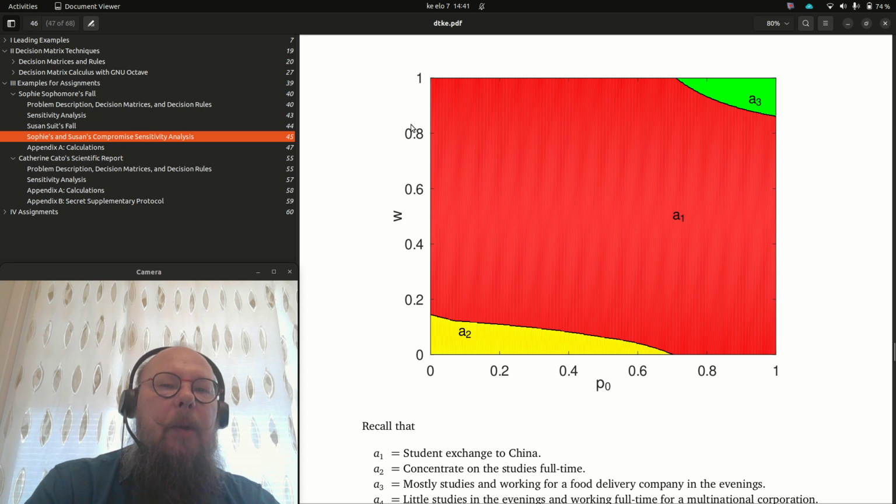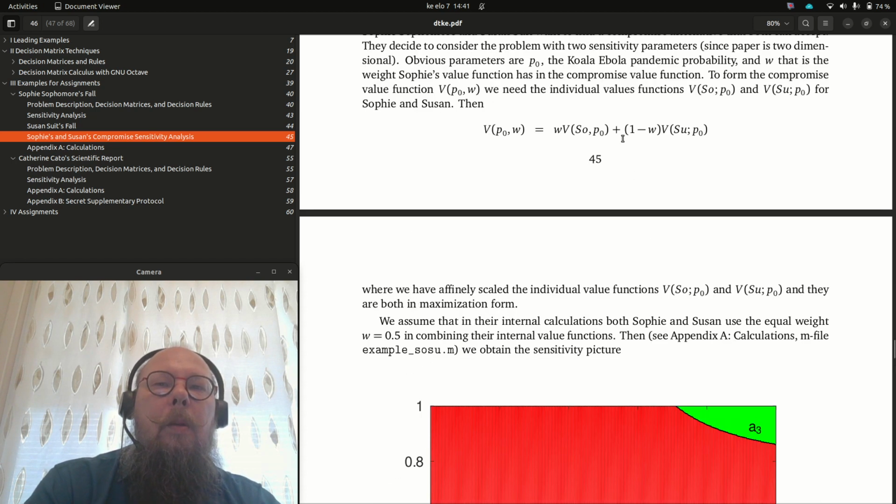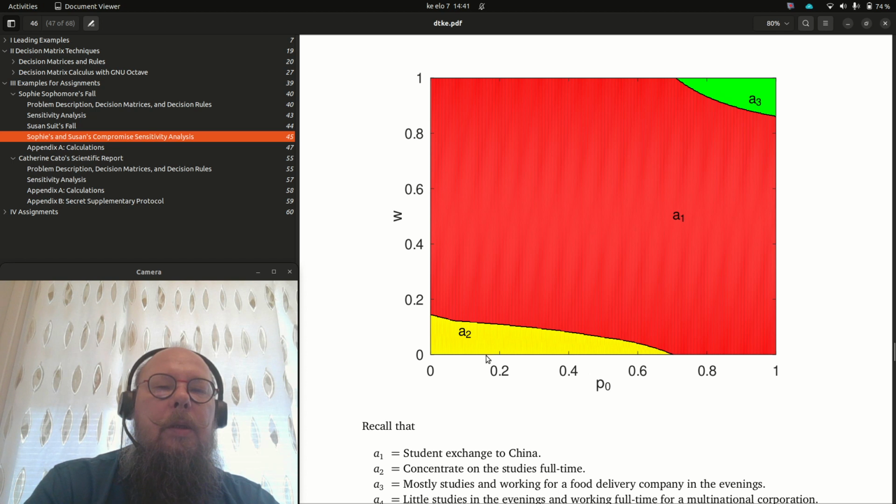And now here's the W, so W equals 0, means that we look at Susan's choice. So then concentrated studies full-time if the koala Ebola pandemic probability is not too high. If it's high, then surprisingly student exchange to China. This is what happens.